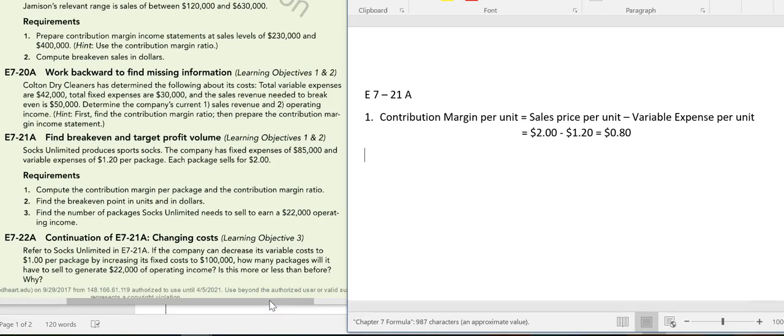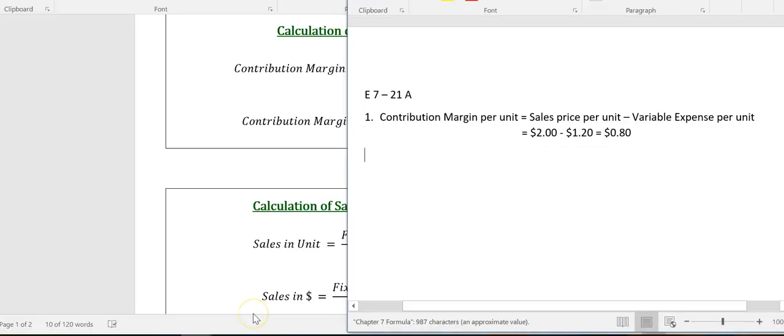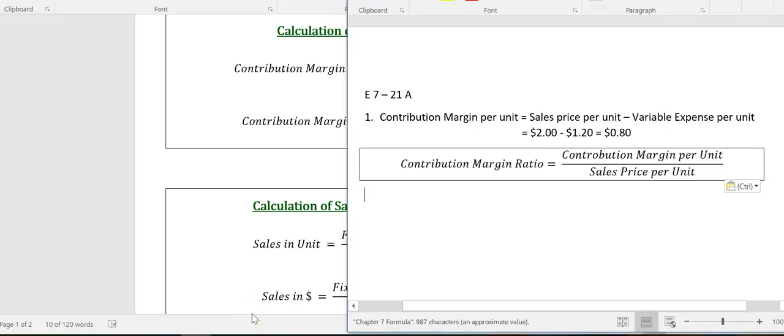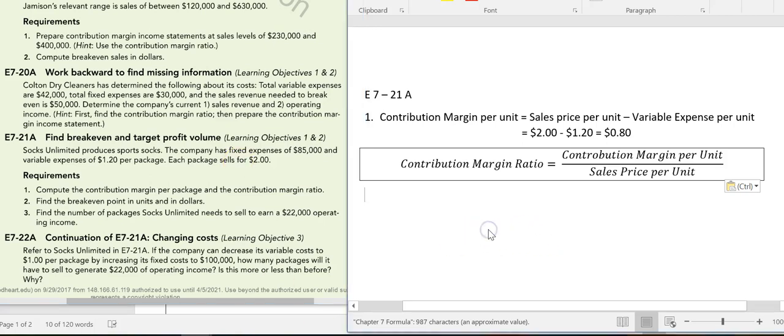So contribution margin ratio, I will just copy and paste the formula to save our time. Contribution margin ratio is contribution margin per unit over sales price per unit. But you need to remember the formula, especially for your exam when no formula sheets will be provided.